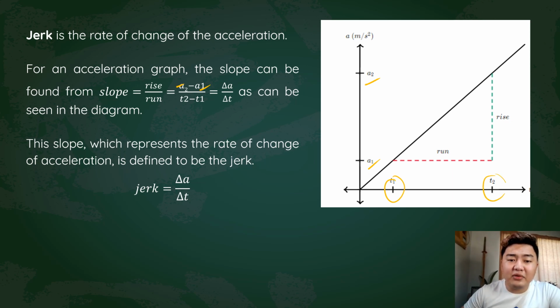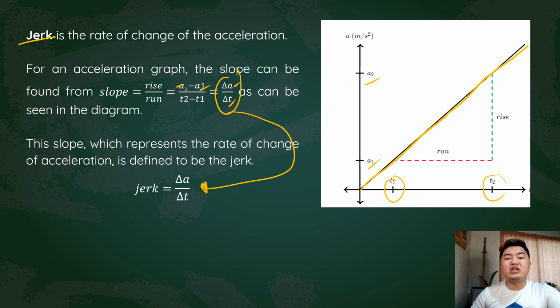This a2 minus a1 is your change in acceleration, and t2 minus t1 is the change in time, as you can see there in the diagram. The slope of that graph represents the jerk, which is the rate of change of acceleration. Therefore, jerk is equal to change in acceleration over change in time.